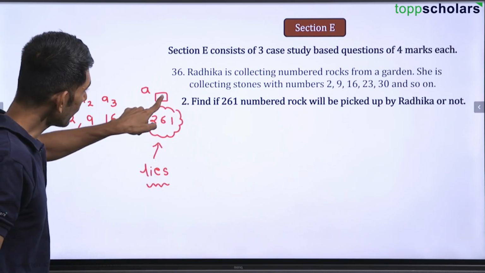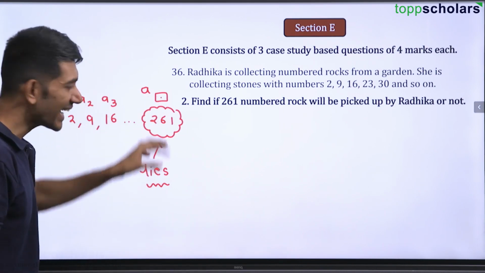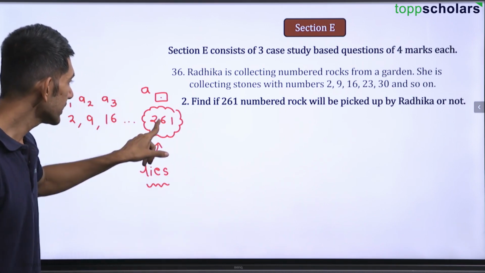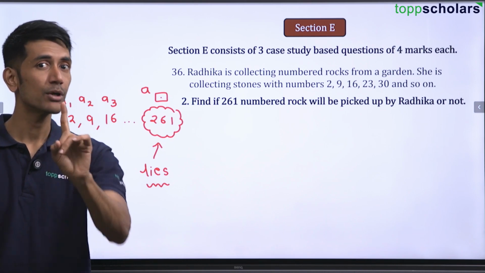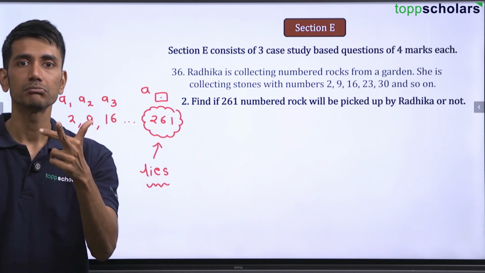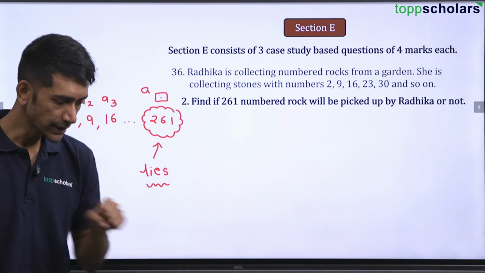That means the number over here, n, should be a natural number. If you get n as a natural number, then yes, she has picked up the rock that has the number 261. If you don't get n as a natural number, you get a fraction, that is not possible because these are the number of attempts, right? First attempt, second attempt.